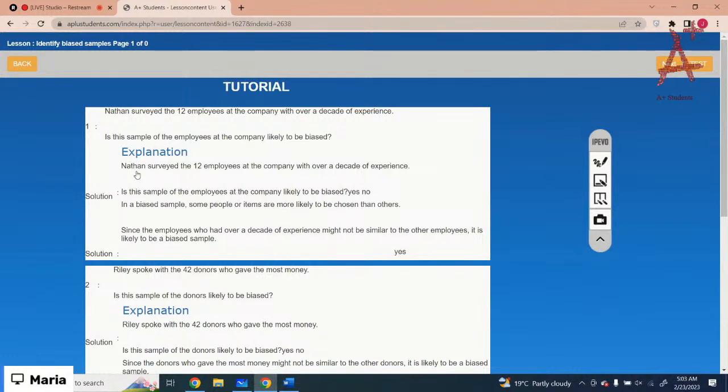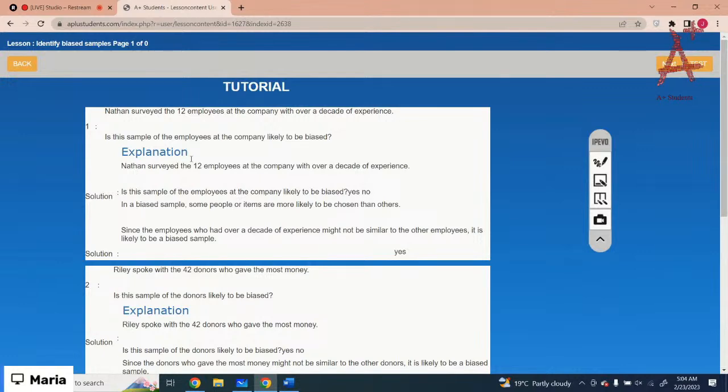The employees who have over a decade of experience might not be similar to the other employees, so it is likely to be a biased sample. Got it?